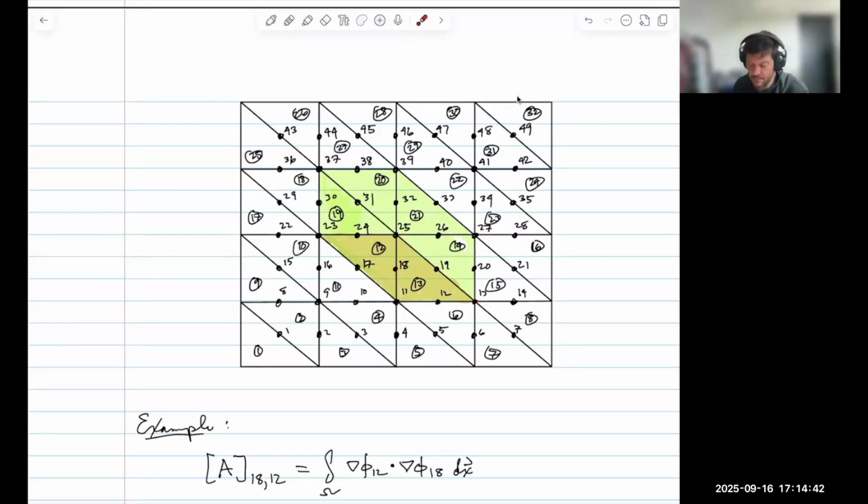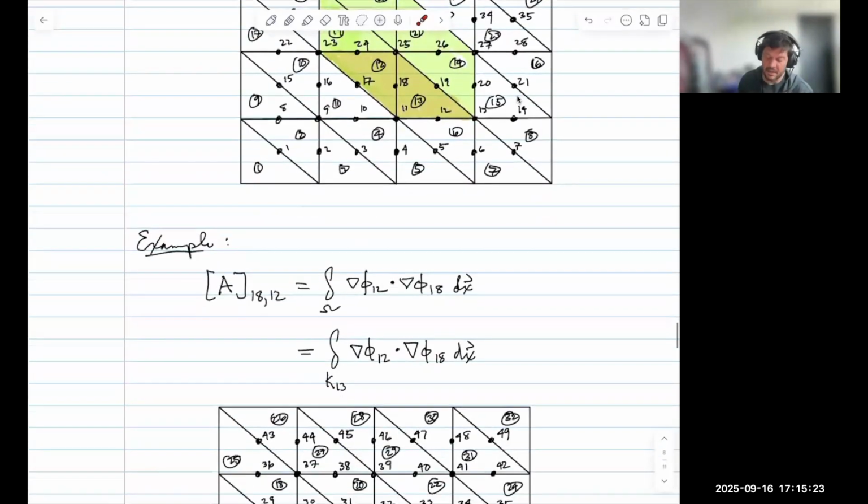Now I could break these nodes into local nodes and global nodes. I could number the local nodes as 1, 2, 3, 4, 5, and 6. So there's 6 local nodes in triangle 13. I might want to know that global node 11 is local node 1, global node 12 is local node 2, and local node 3 is global node 13, and so on and so forth. I'm going to get into all the details of that.